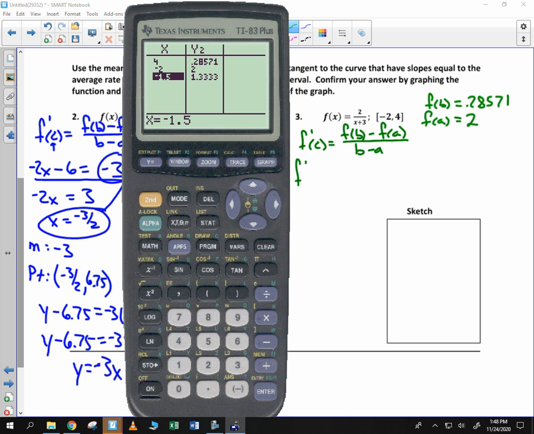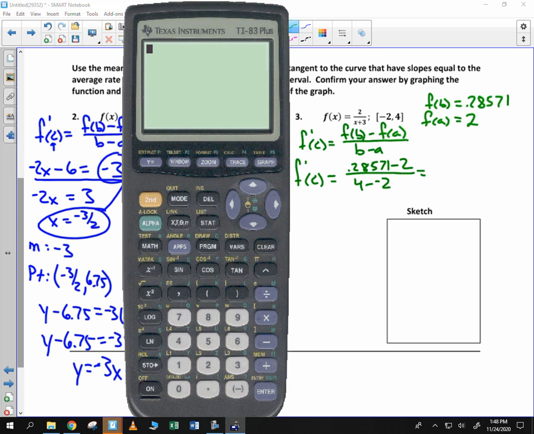We have f prime of c is equal to 0.28571 minus 2 divided by 4 minus negative 2. Let's see what we get here. 0.28571 minus 2 divided by 6, and I get negative 0.2857.